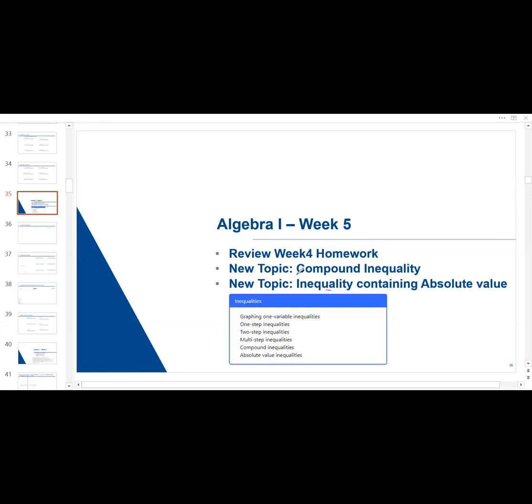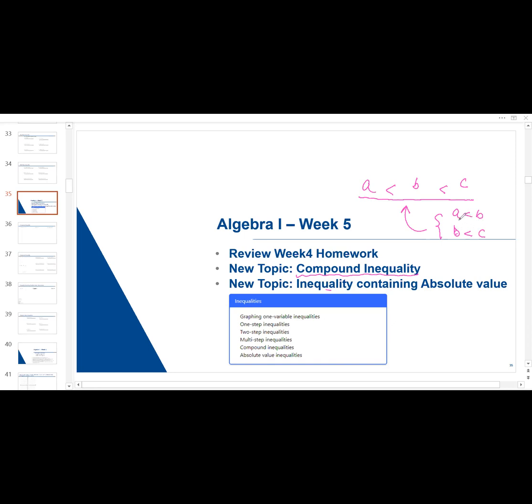Compound inequality means a multi-inequality, most of the time with three different parts, something like A less than B less than C. Or let's say A less than B and B less than C. So they describe it this way.